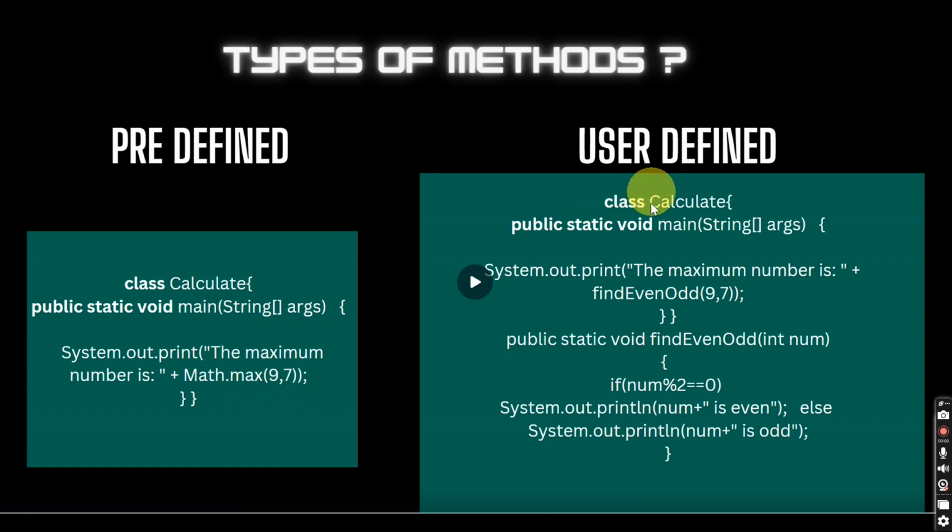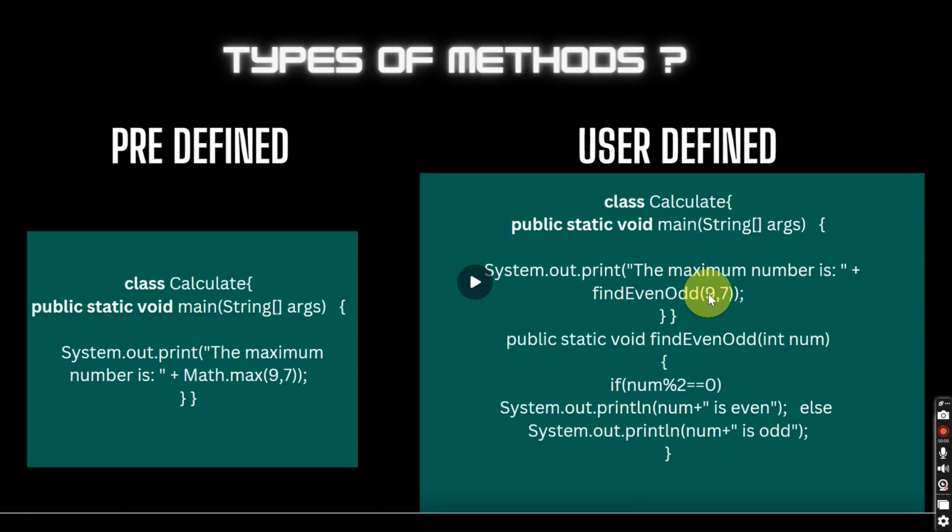Whereas in user defined functions, you are going to define your own function. In this case, just leave this public static, as it will be discussed later. Here void is the return type, and findEvenOdd is the function name, and inside the open and close parentheses you can have a number of arguments, as many as you like.